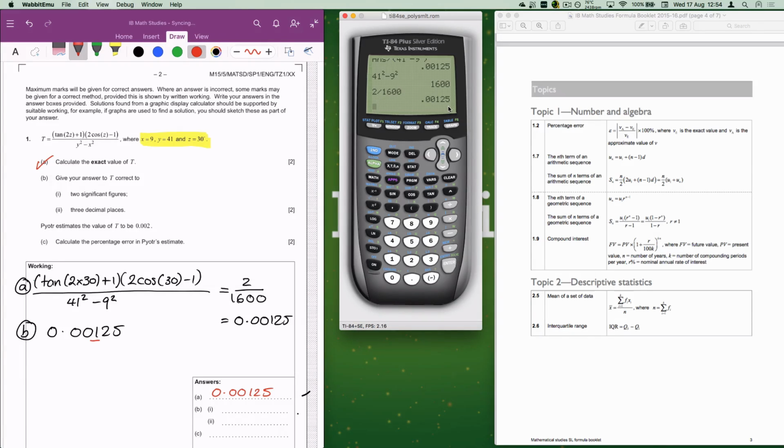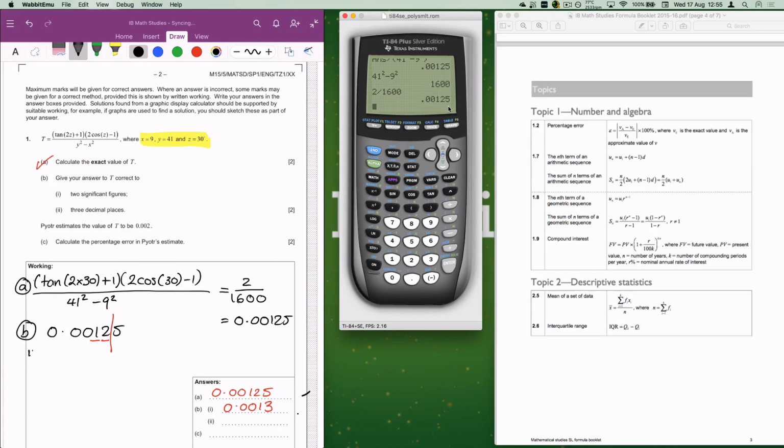And we're doing 2 significant figures. So we go 1, 2, then draw a line. That 5, we compare it to the 2. It's bigger than or equal to 5. So that's going to bring that 2 up to a 3. So this gives me 0.0013.